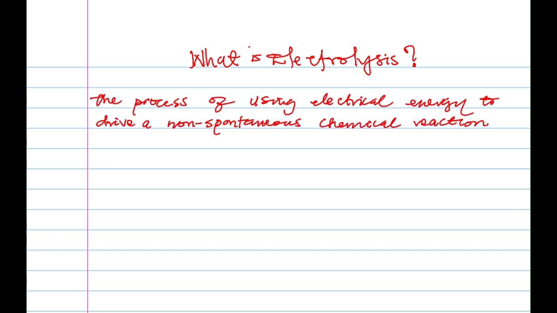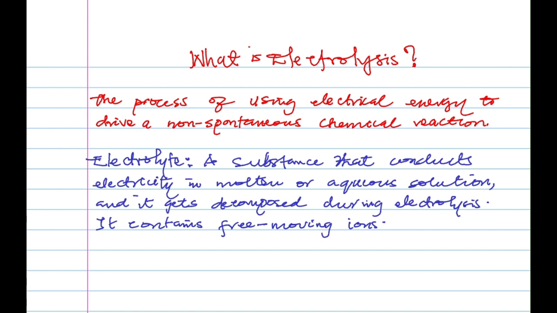So what about electrolytes? An electrolyte is a substance that conducts electricity in molten or aqueous solution, and it gets decomposed during electrolysis. So an electrolyte contains free mobile ions.